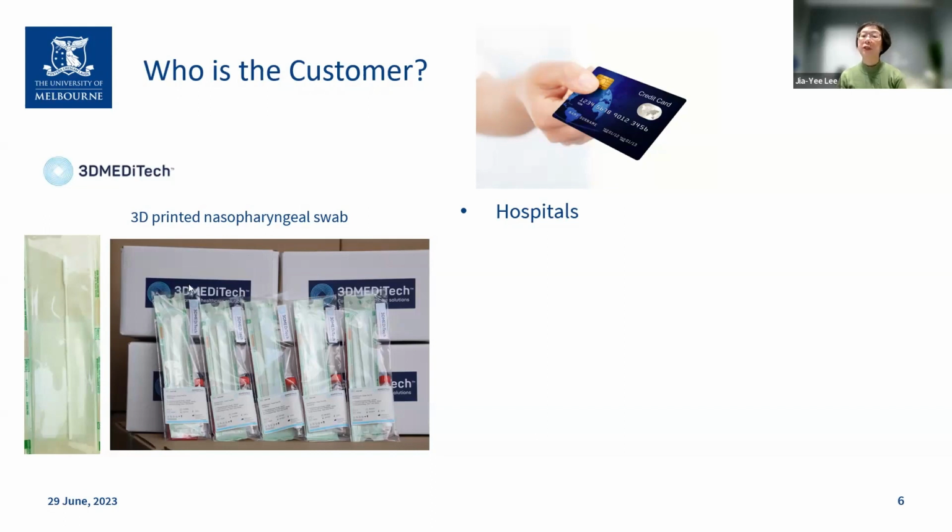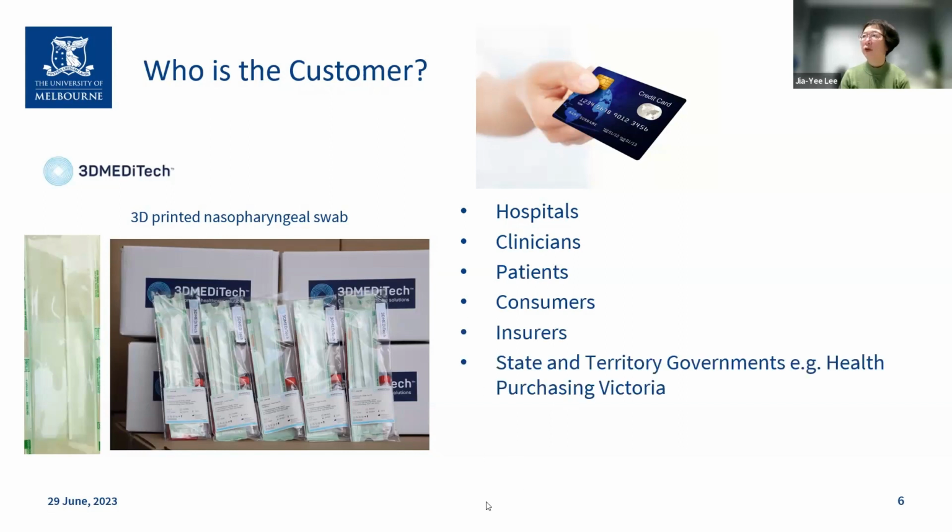So this 3D printed nasopharyngeal swab was developed from concept to end product and registration on the Therapeutic Goods Administration, the ARTG list, in under 200 days. That's extraordinary. And so these are the examples of where 3D Meditech is trying to say, well, who is the customer here? Clearly, there are lots of potential opportunities to then have these conversations.